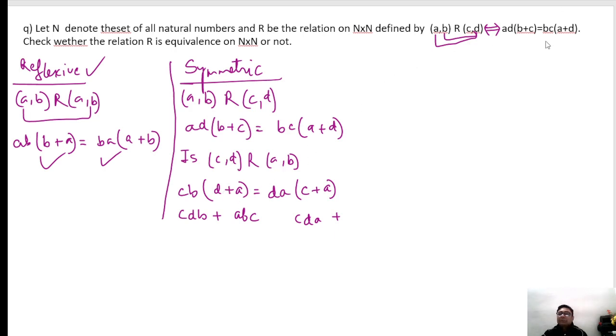And on this side I should write B with C, that means D with A. In the bracket I will write A plus D, that means I will write C plus B. So now it is ADC, and one minute, friend. Let me first write it properly, because I think there is some mistake here.